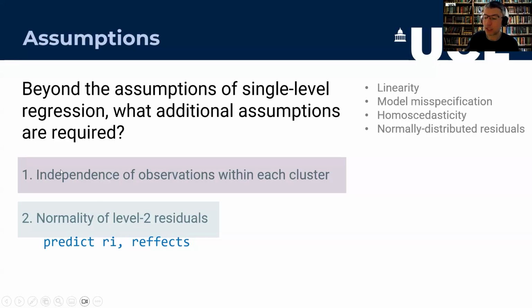But instead of having independence of observations, the assumption when we have multi-level models becomes that the observations are independent within each of the clusters. And in this case, we also assume that the residuals, so the level 2 residuals, should be normally distributed. And we will see some examples on how this is done in practice. But these are the replacement of the assumptions that we would have for a single level regression model.